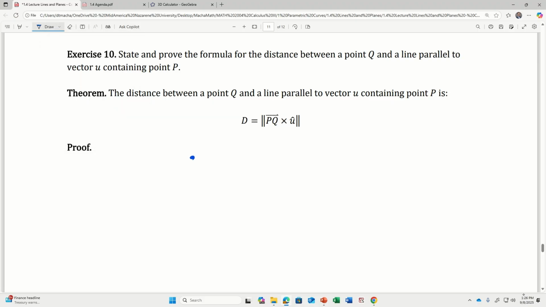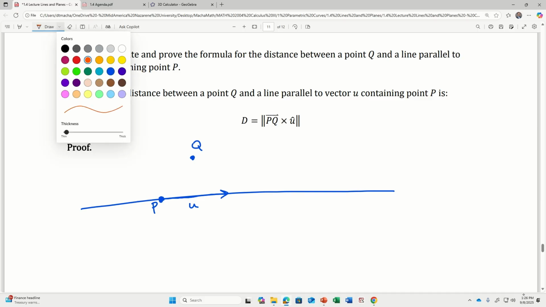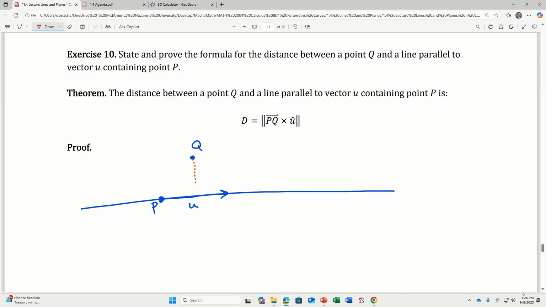Let's draw my point Q, and let's draw my line. And this line has a point P, and the line is parallel to a vector u. Let's call this vector u. And what I would really like to know is what is the shortest distance, like right here.